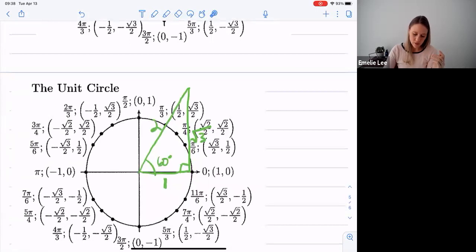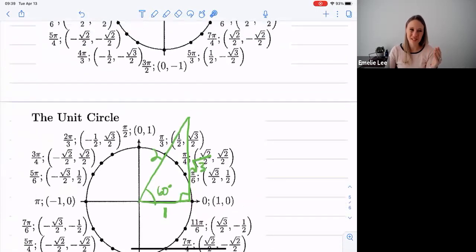Okay, this one's a little bit different, right? Because now I have a length of 1, I have root 3, and I have a length of 2. But from 60 degrees, the cosine of this angle is what? The cosine is SOHCAHTOA, adjacent over hypotenuse.